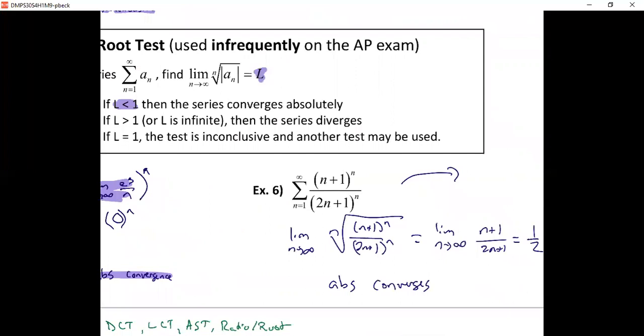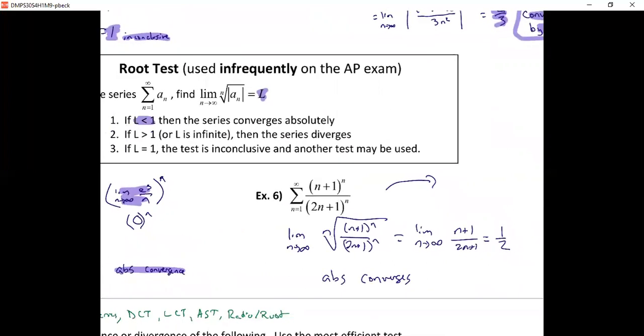As I look at this problem right here, I'm applying the root test. So once again, if I decide to take this nth root, and let's take that nth root and bring it out in front of the limit, then we're really saying this limit to the nth power.